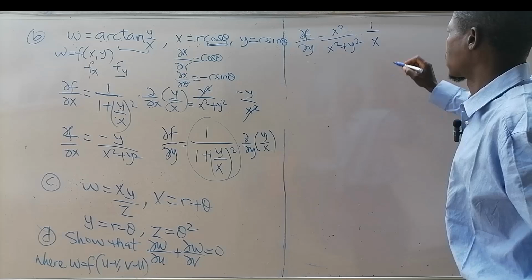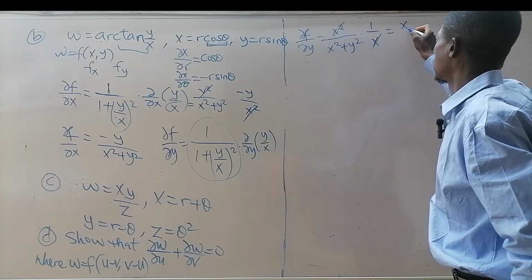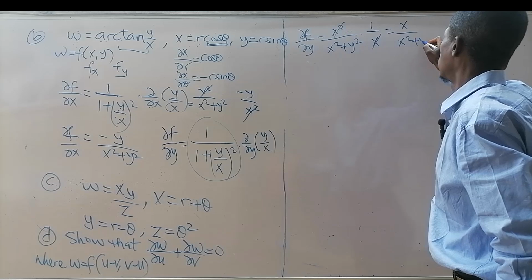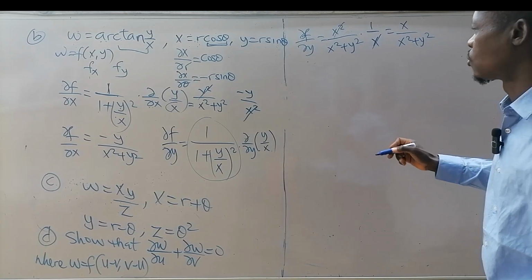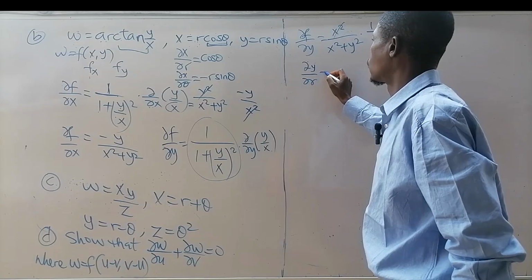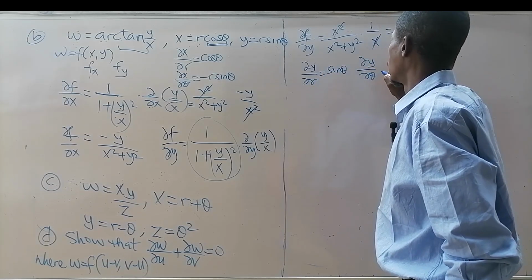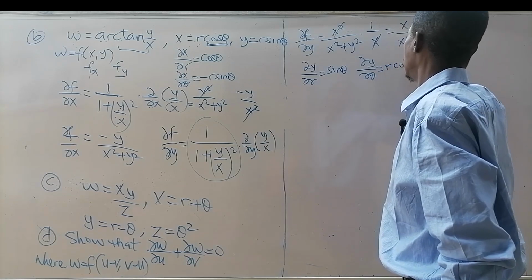So this one we cancel, this one we cancel. We have this over this. So then the next thing to do now, we need to get del y del r, which is sine theta, and del y del theta, which is r cos theta.